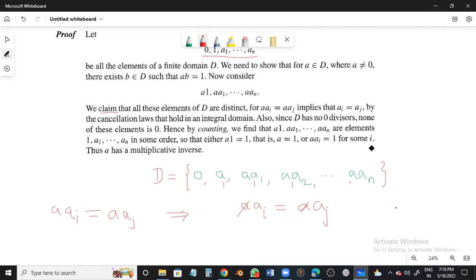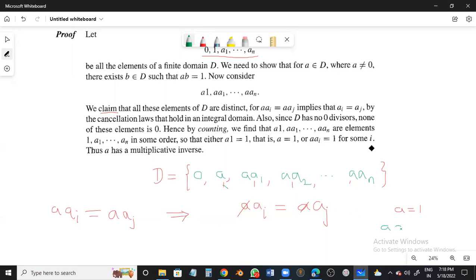If I say a is 1, then 1 itself is the identity element, so its inverse is 1 itself. I hope all of you know this: the inverse of 1 is 1 itself. If this is not true, then I may go to a into a1 equal to 1.